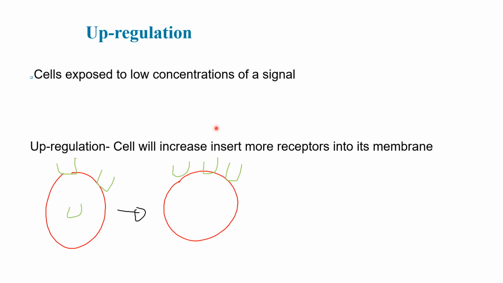Now, the opposite takes place. So if the concentration of the ligand decreases and the cell wants to increase the response, the cell would go through something known as upregulation, where the target cell that has those receptors would take some of the receptors within itself and push them up and put them on its surface.